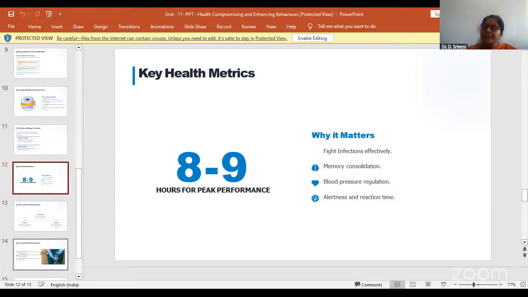Nutritional balance is also very essential. Choosing nutrient-dense foods supports the body's metabolic health, ensuring that the brain and body have the necessary fuel to function optimally. Seeking social support is also a very good point, and we have to discuss this.